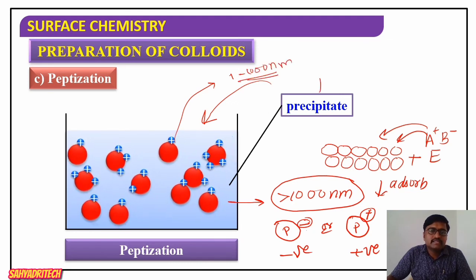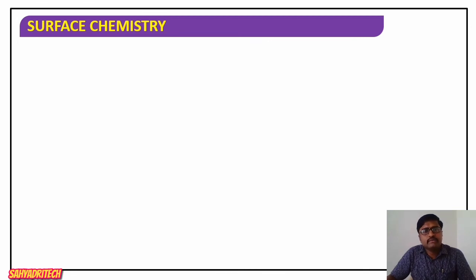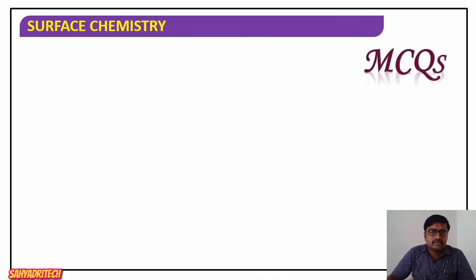Therefore, the precipitate is converted into a colloid. This process is called peptidization, and the electrolyte we added is called a peptizing agent. So it is one more method of preparing colloidal solutions.